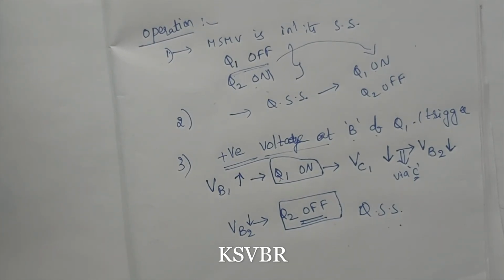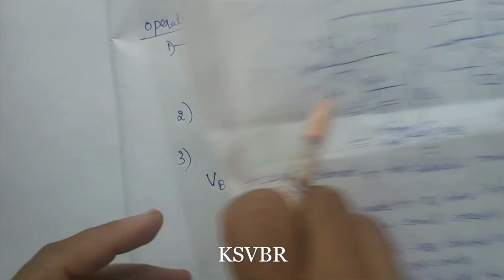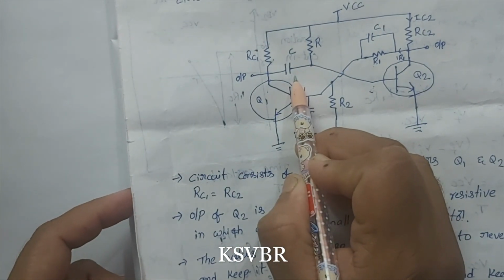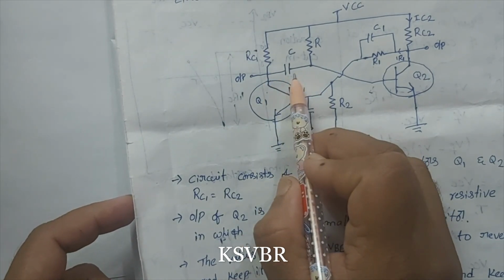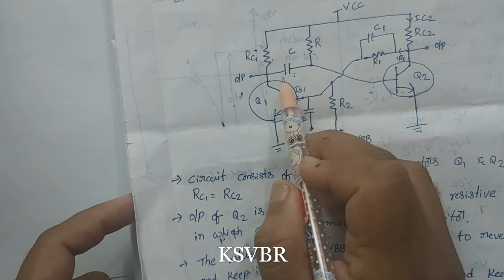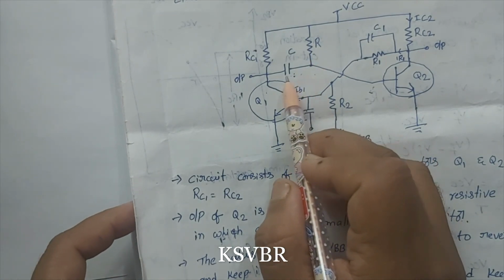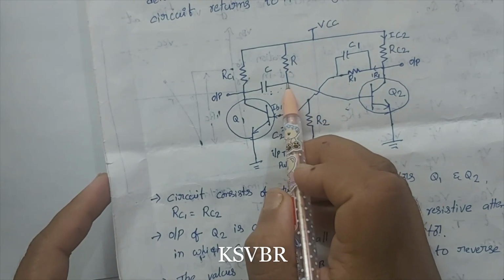So in the quasi-stable state, what happens? We have a capacitor C here. This capacitor C charges towards VCC through R. It takes time.